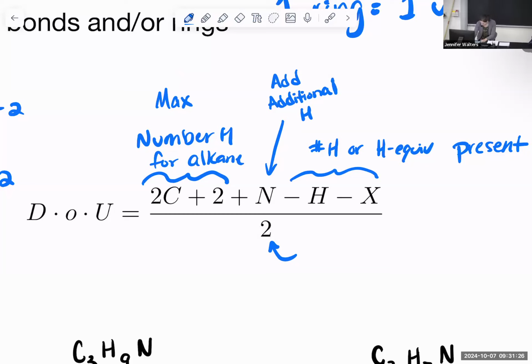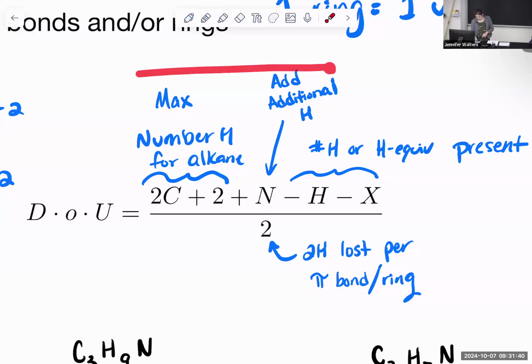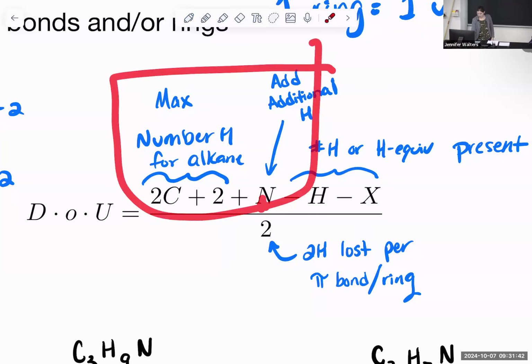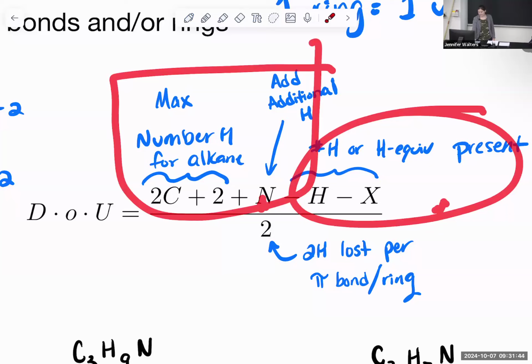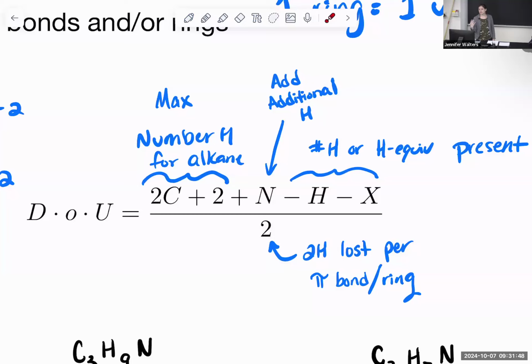So we divide by 2 because there are 2 hydrogens lost per pi bond or ring, per unsaturation. So it is the maximum number possible minus how many exist, divided by 2. That is your degree of unsaturation.